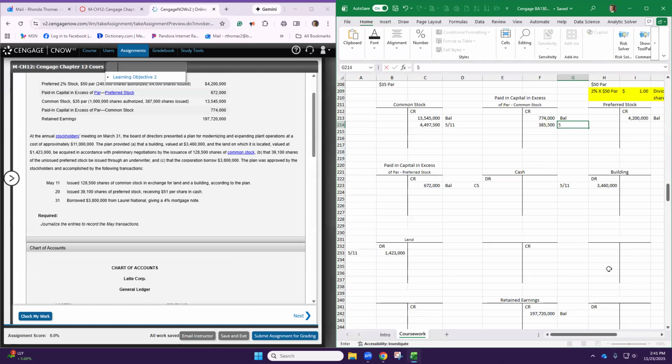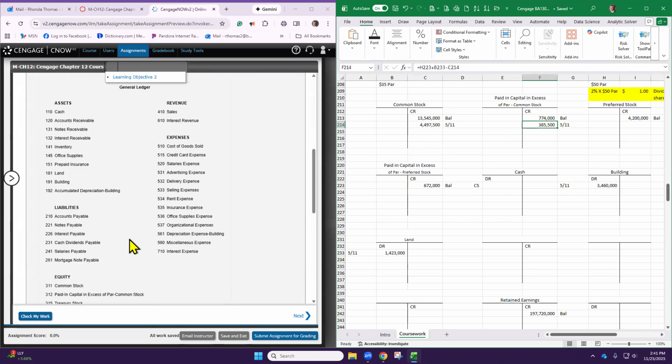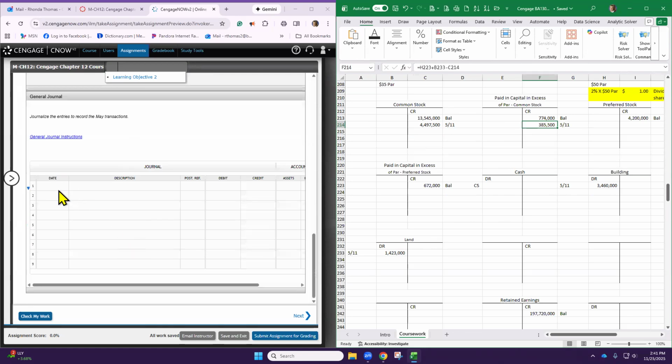If you're not going to get cash, then you need to figure out how much the par is for the common stock. And if the assets are more than that, then the rest goes there. So let's see what happens when it comes to this journal. Okay, so this is May 5th.